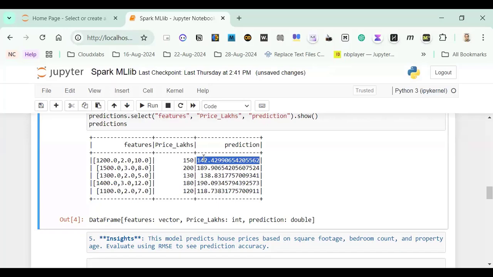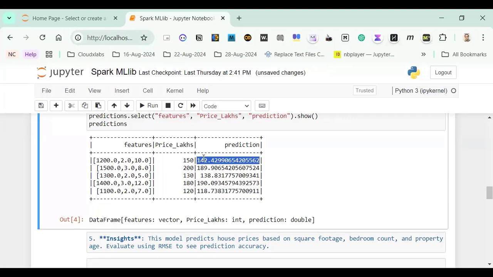Of course, you might say, sir, we didn't get 149 or 150 or 151, right? Because of small data, it's providing that kind of result.